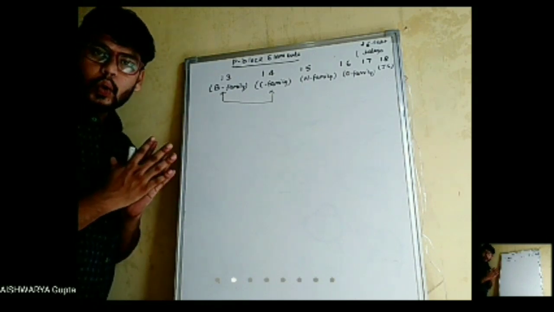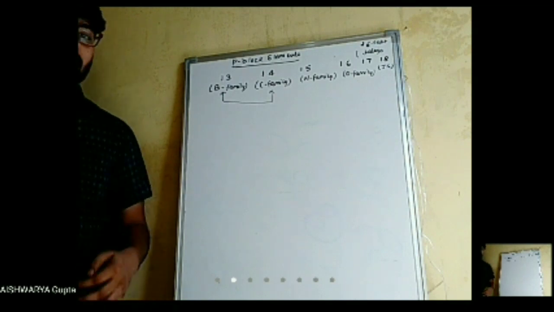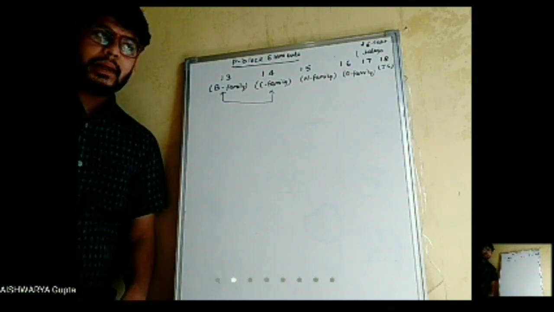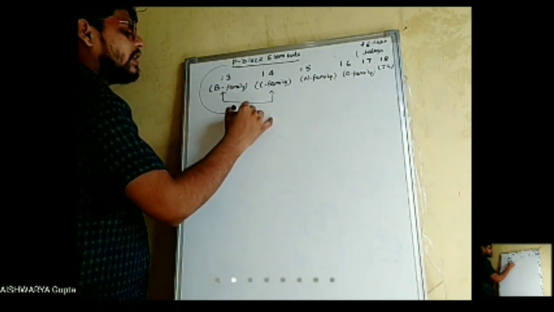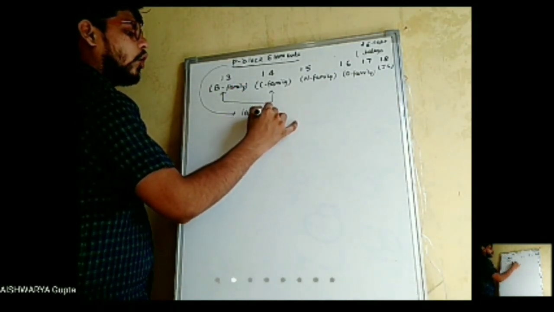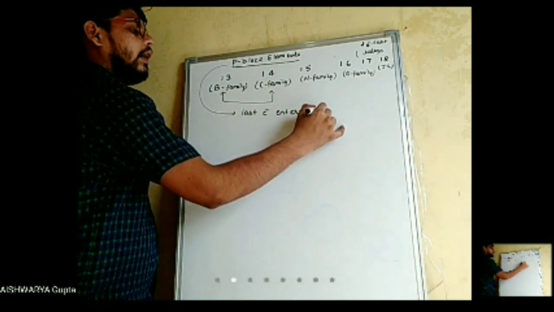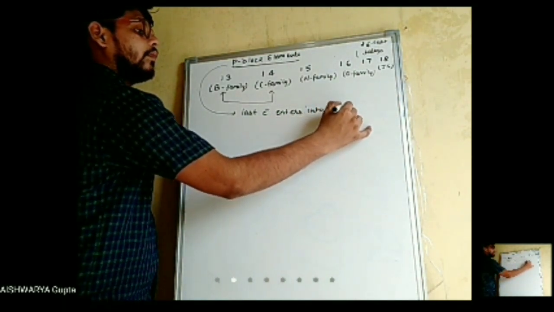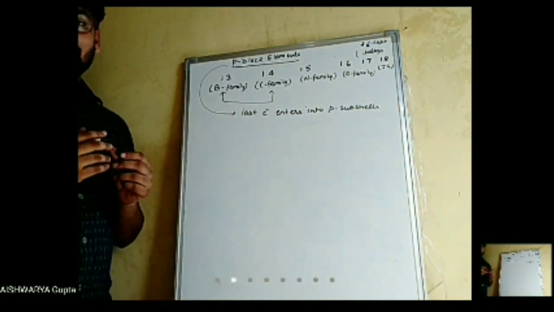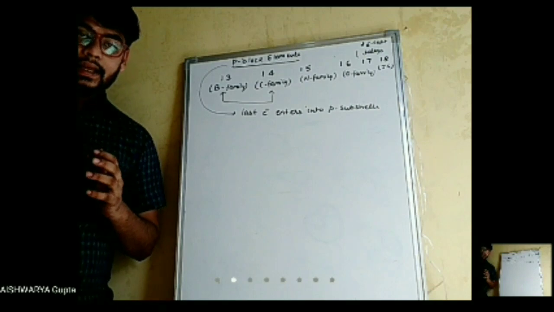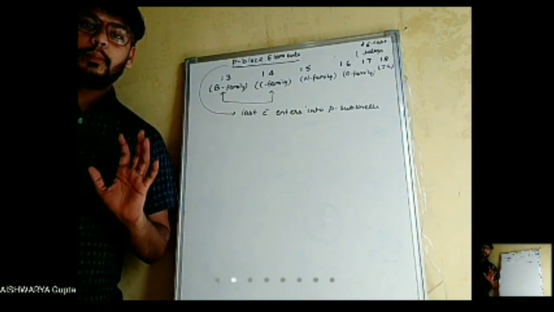As a whole for the p block, what are p block elements, and why are they named p block elements? Simply, p block elements are those in which the last electron enters into the p subshell.